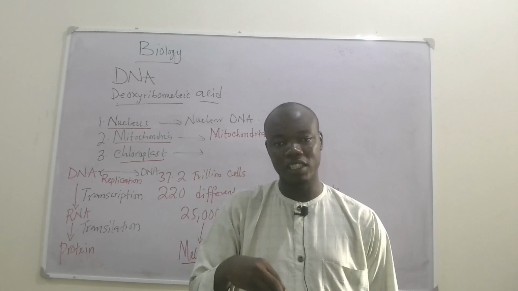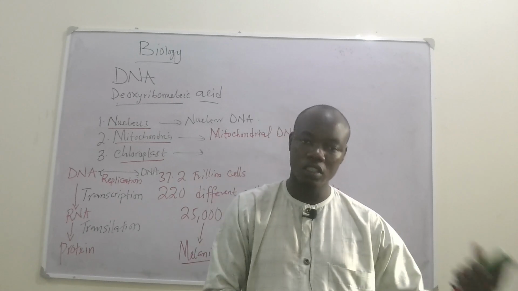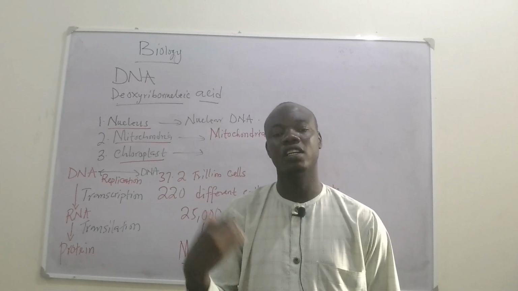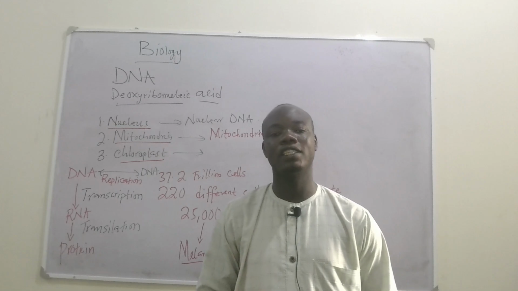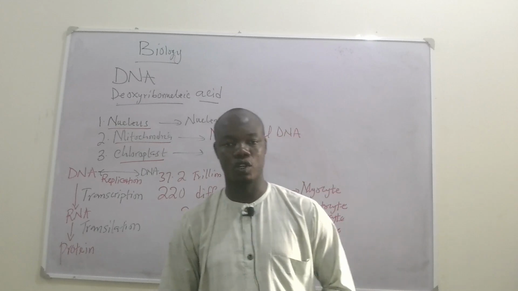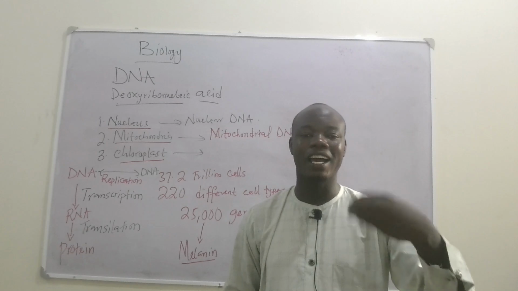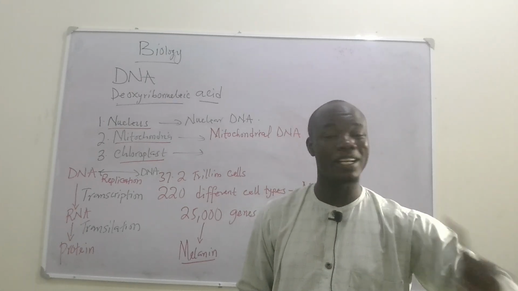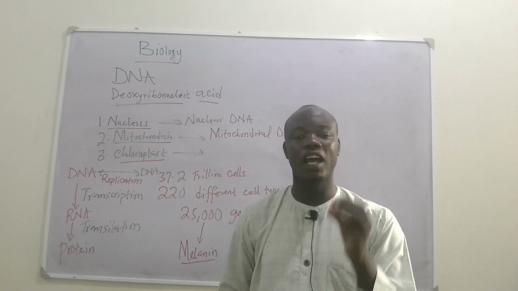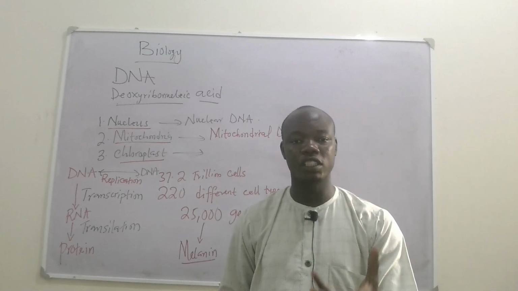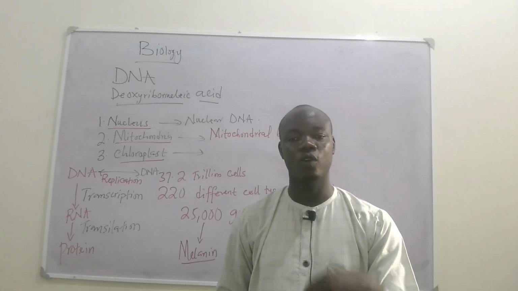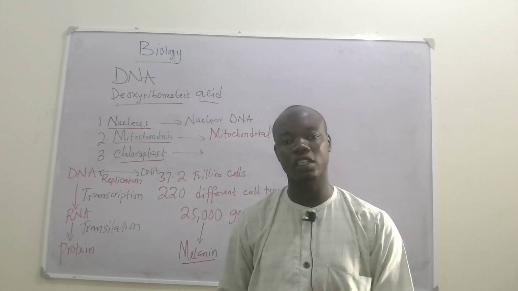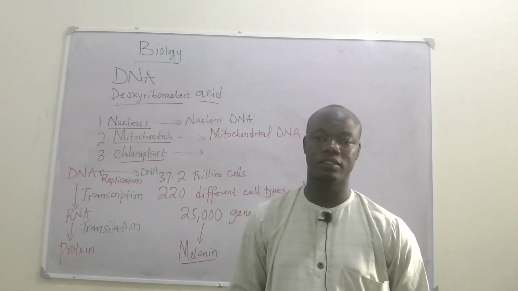And the functions of the liver cells are different from the functions of the kidney cells. The functions of the kidney cells are also different from the functions of the pancreas. So why is it that there is this difference? It is because different proteins are expressed or produced in different cells, but from the same DNA, and that is what we call differential gene expression, which leads to what we call cellular differentiation and specialization.